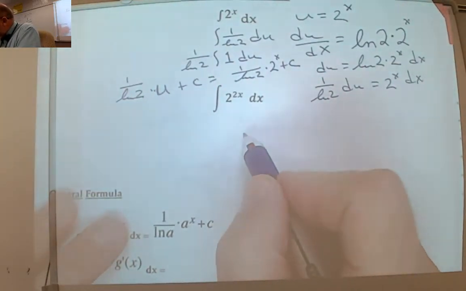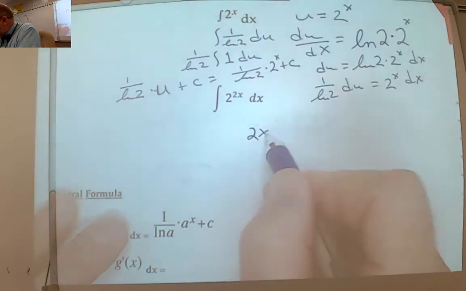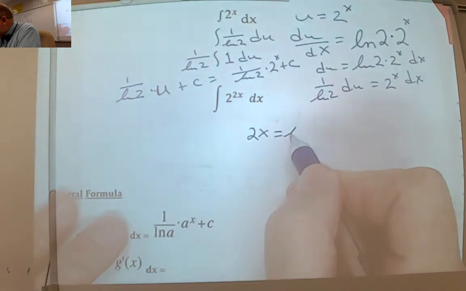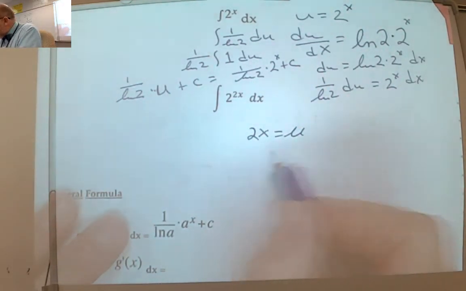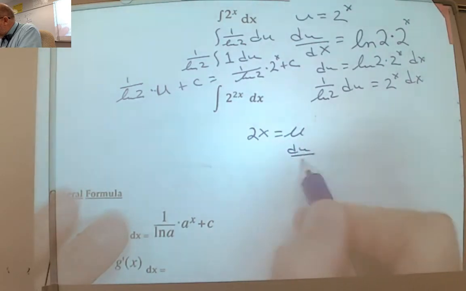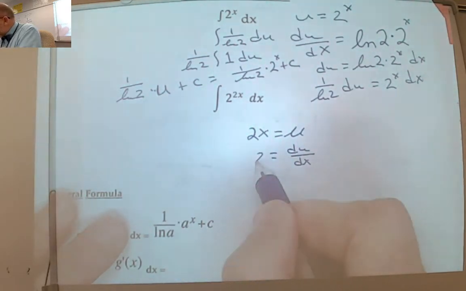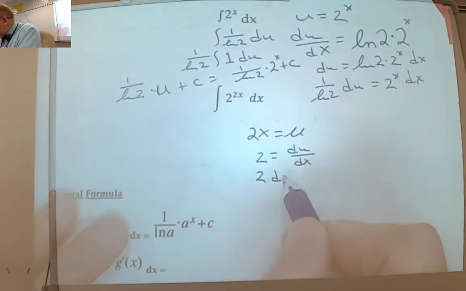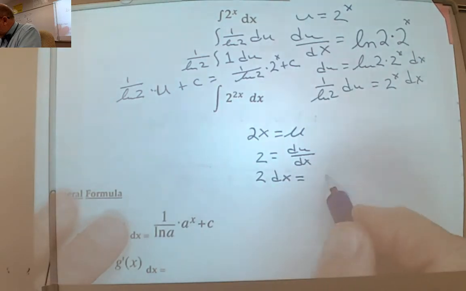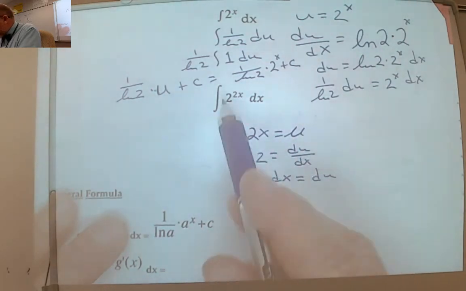All right, so this one, I'm going to let 2x equal u. That exponent. Okay, Ben? So du dx is equal to what? 2. So that means 2 times dx equals du. Right? And I don't have a 2 up here.